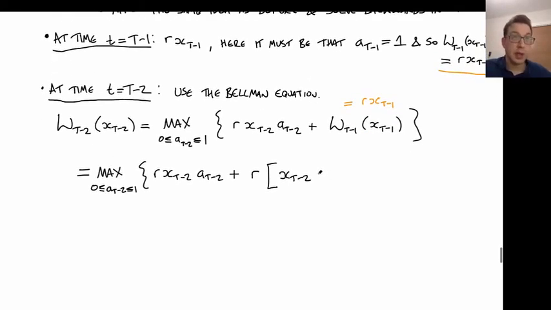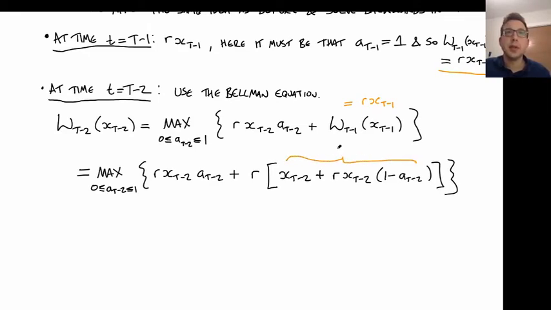Plus r of x of t minus 2, 1 minus a of t minus 2. So here that's the amount of money I had at time t minus 2, and that's the amount that I reinvested because I didn't consume, that went into the value of the fund at time t minus 1. So in other words, this is x of t minus 1.